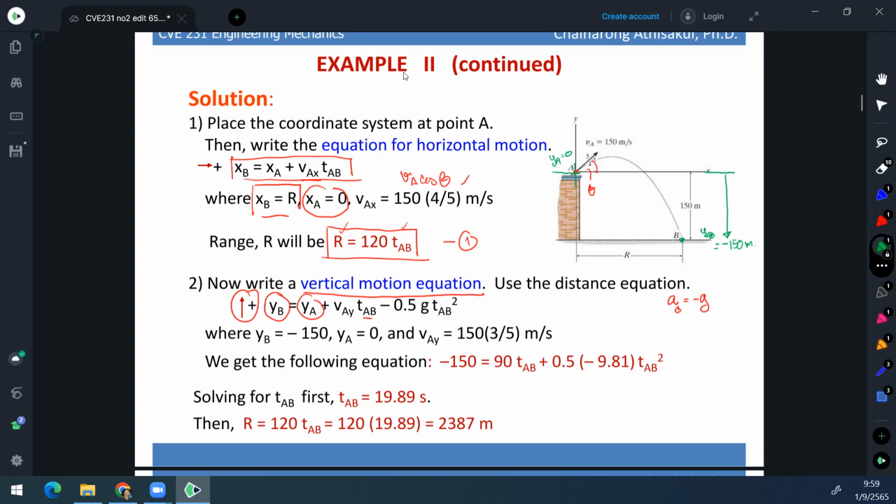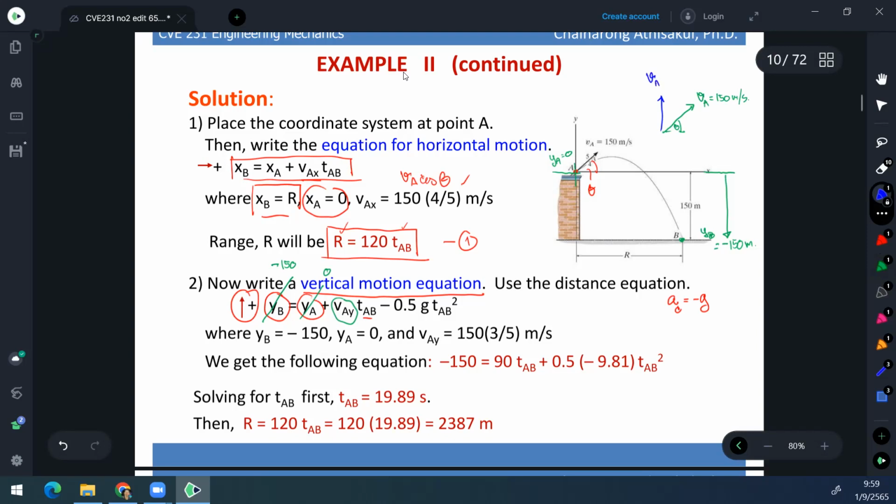So we substitute yB equal to minus 150 and yA equal to 0 into this equation. And VAy is what? We know that VA is equal to 150 meters per second, and this is theta.